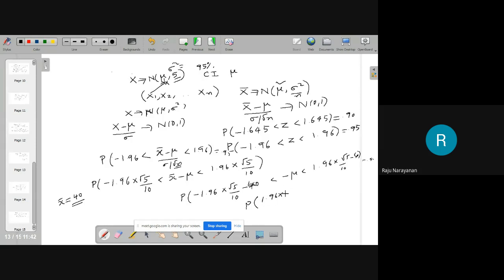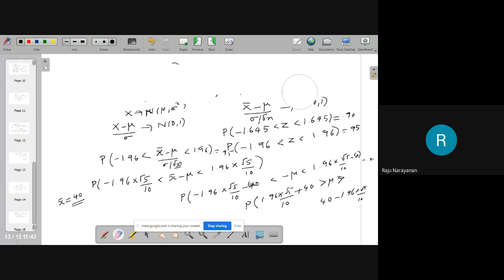That is 1.96 into root 5 by 10 plus 40 greater than mu, greater than 40 minus 1.96 into root 5 by 10. Now I don't want these things.